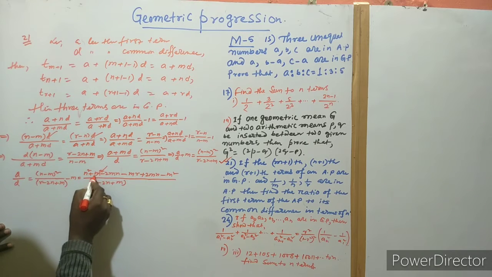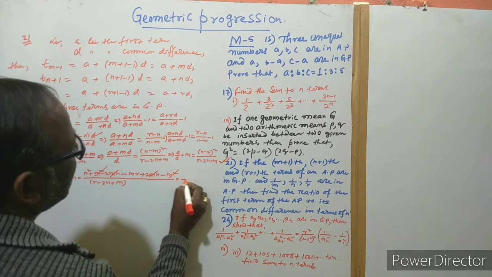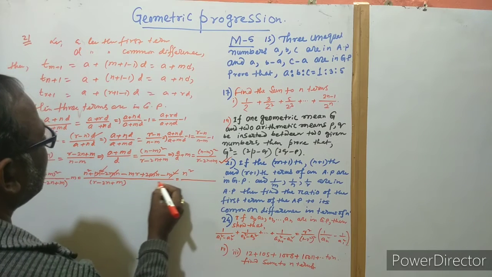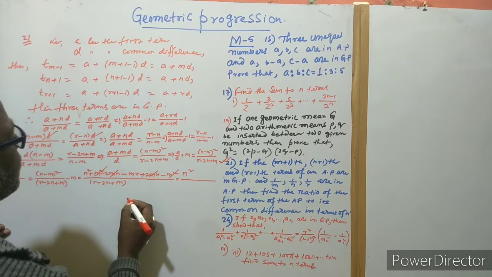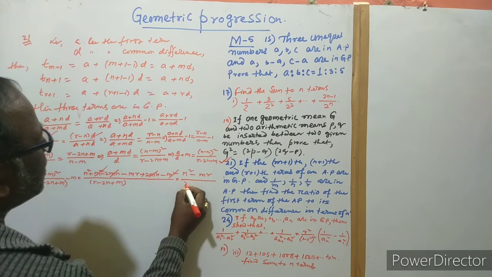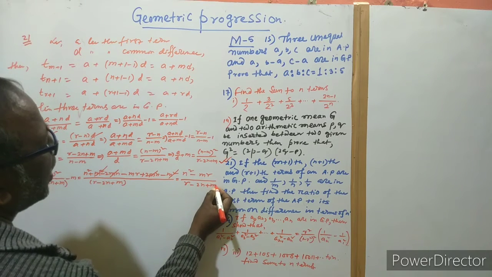See, these terms are cancelled, so we get just n square minus mr, over r minus 2n plus m.